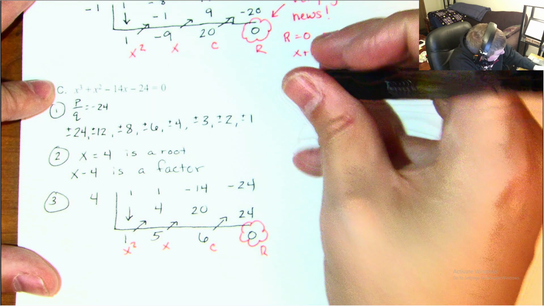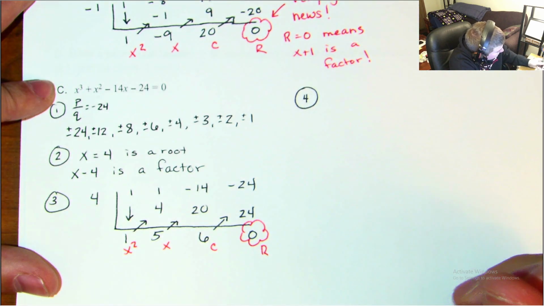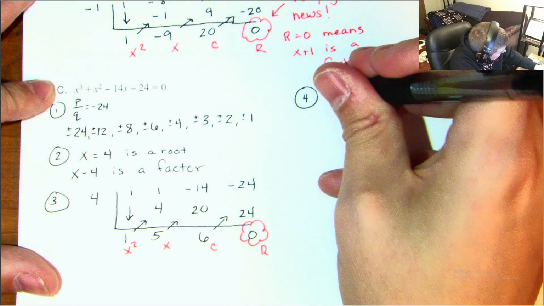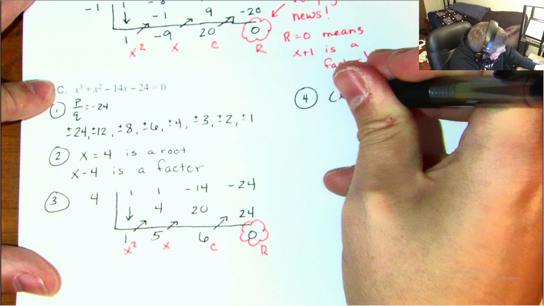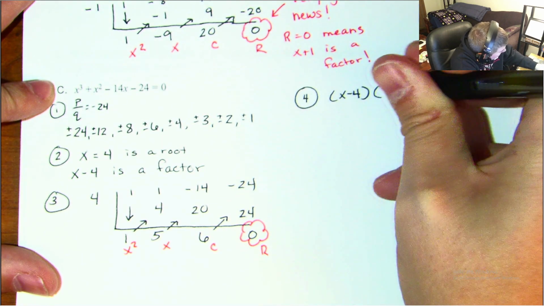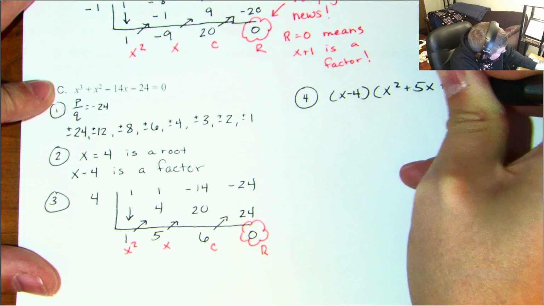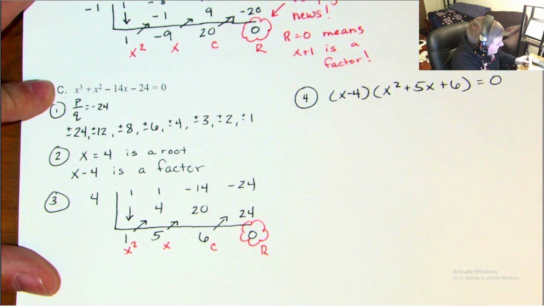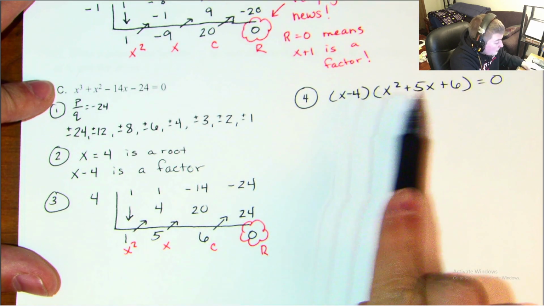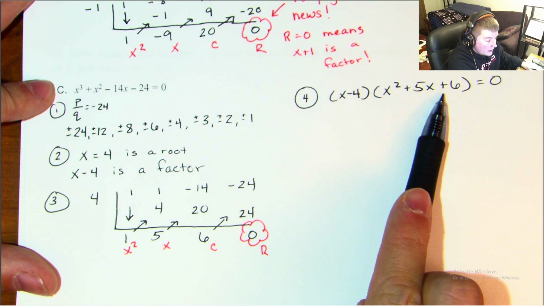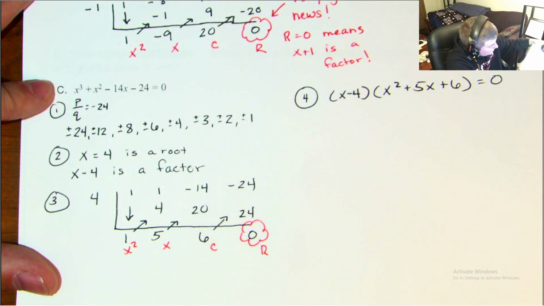Okay, so now I can move on to continuing to factor. So I get x minus 4 times x squared plus 5x plus 6. This is already factored, but I need to check to factor this more. I have 3 terms.